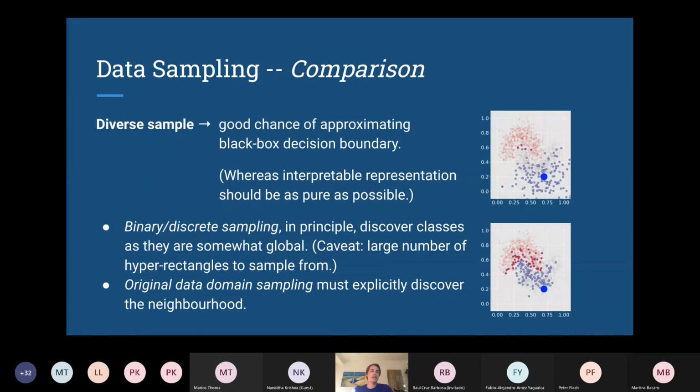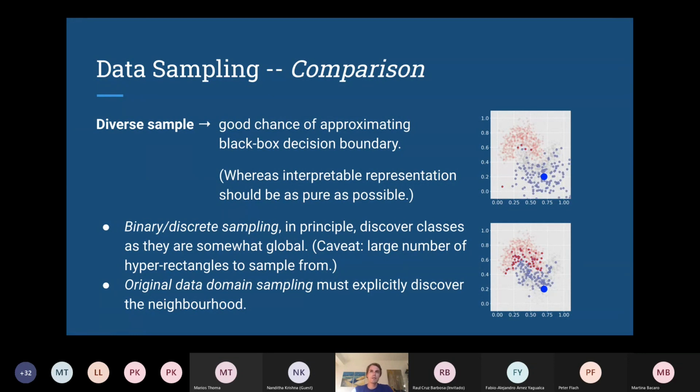Again, how do you know whether a sample is good or bad? In case of the interpretable representation, we try to make the splits as pure as possible. Here you want to go the complete opposite direction. You want to have as diverse a sample as possible.